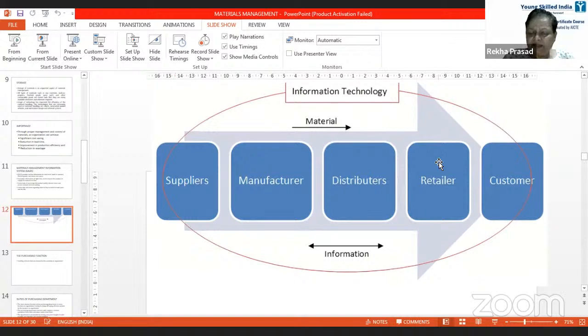It is in a circle. And material is moving from supplier to manufacturer to distributor, retailer to customer. And information is moving both ways, from supplier to customer as well as from customer to supplier. And this covers the whole operation of converting the raw material into the finished goods. So information technology plays a very important role in achieving your objective.